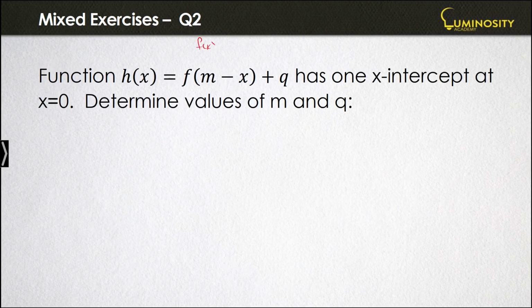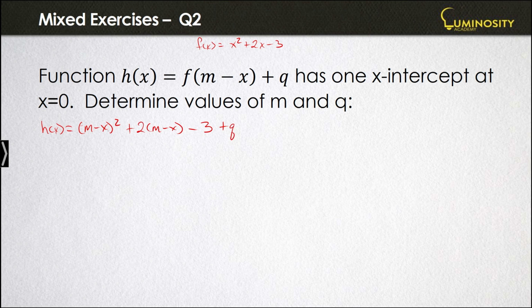So f of x equals x squared plus 2x minus 3. So we plug this m minus x into x over here, and we get h of x equals m minus x squared plus 2 into m minus x minus 3, and then we have plus q.